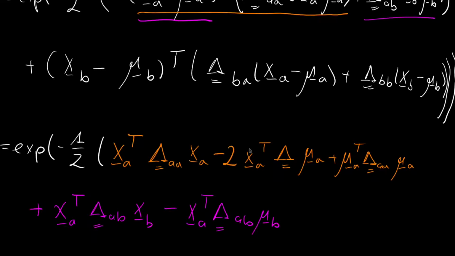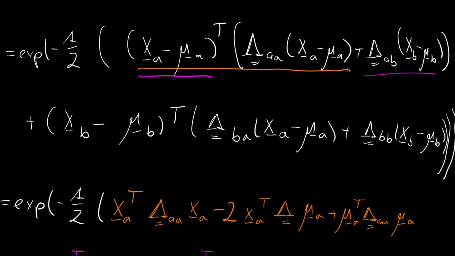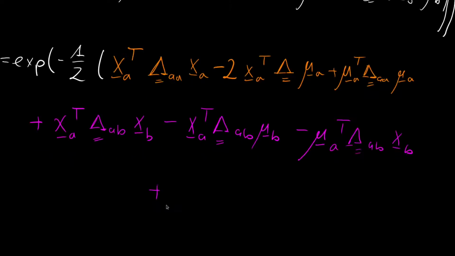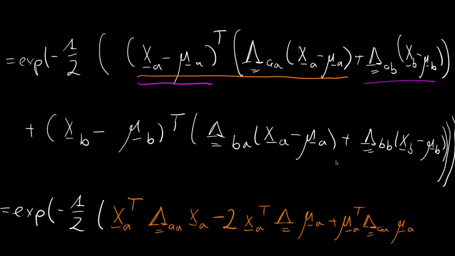And here also, since we don't have a quadratic form, we have to use each term individually. And then we also have a minus mu_a transpose lambda_ab x_b, and then plus mu_a transpose lambda_ab mu_b. Let me double check. Yep, this makes sense.